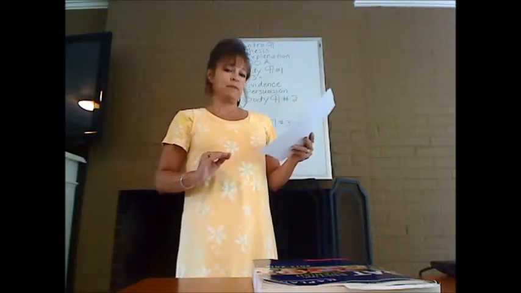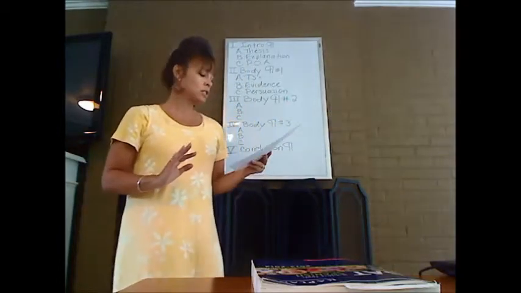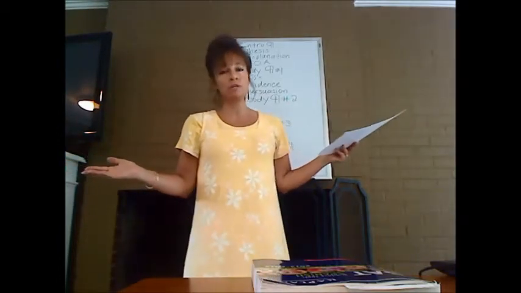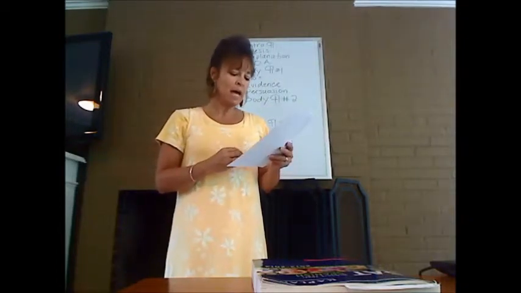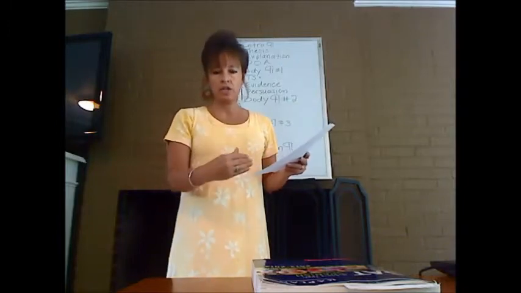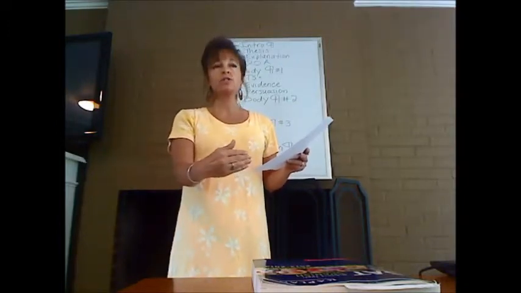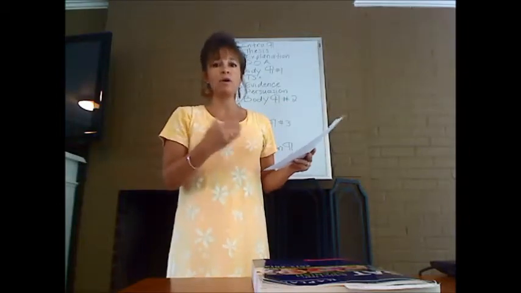Letter B, under Roman numeral 1. This is the explanation. Okay, so these explanation sentences, what do we include in the explanation sentences? Number 1, you must have an intentional education of the reader. So, I am intentionally educating the reader on what?